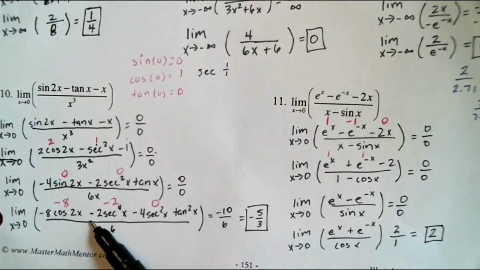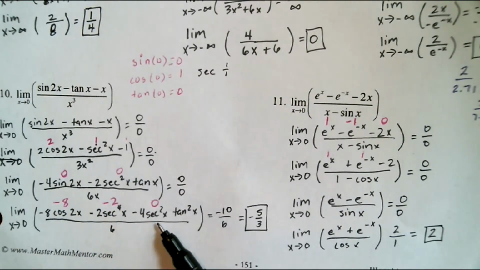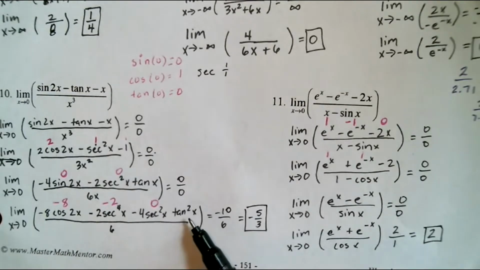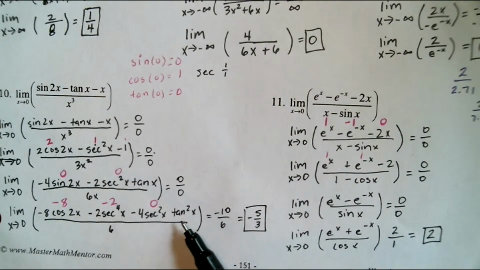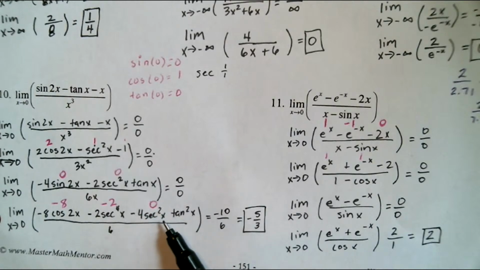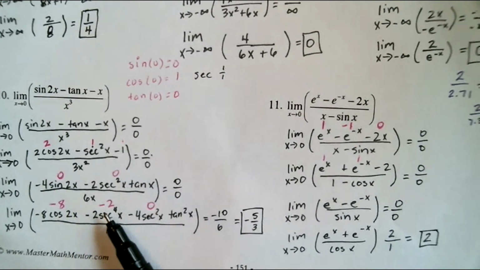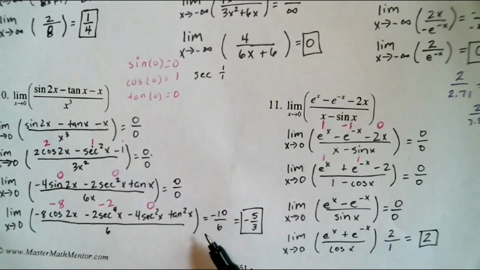So 1 times -2 is -2. Over here, that tangent squared x, if you plug 0 into x there, it's going to make this whole thing 0. So then that leads you to -8 minus 2, which is -10 over 6, which simplifies to -5 over 3.